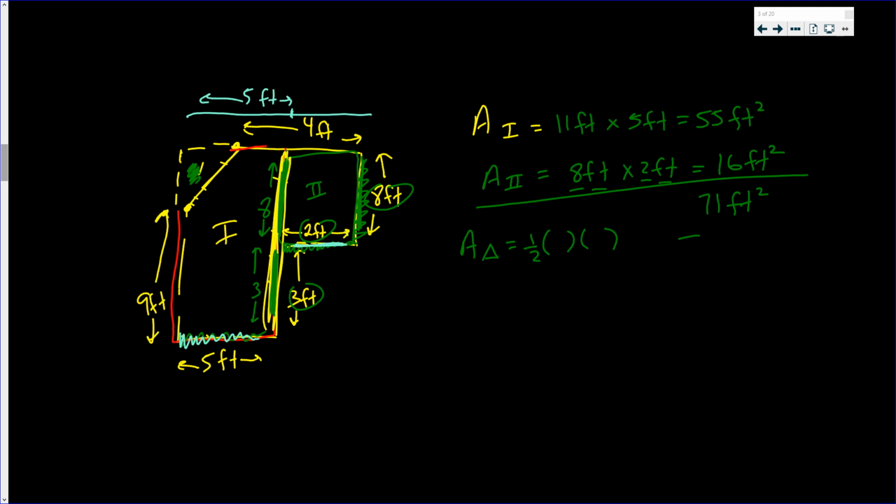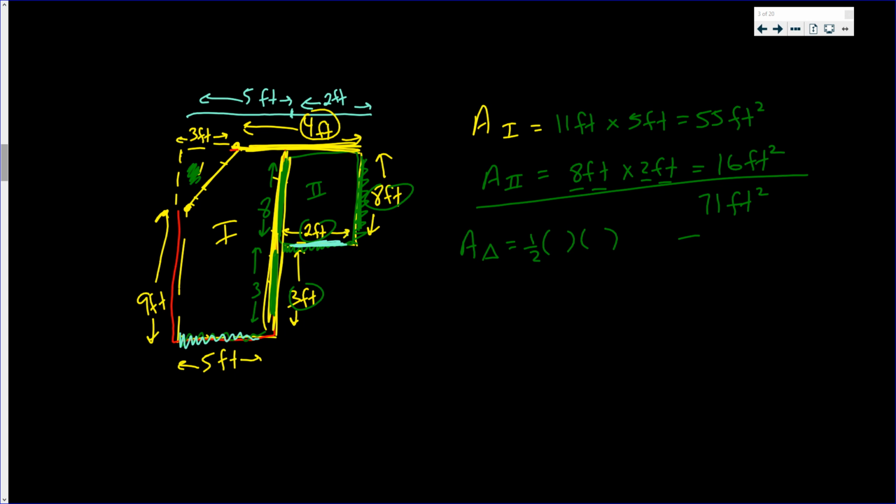And since this is 2 feet, the rest is 2 feet. The whole thing is 7 feet. Since this piece in yellow, which I'm highlighting, is 4 feet, then the rest must be 3 feet.